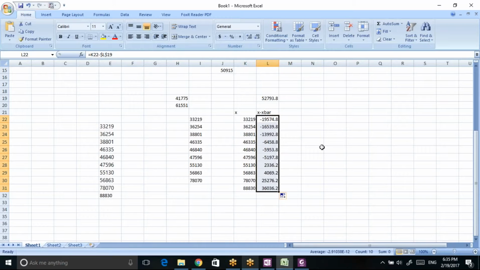When are you getting this? Sir, you put one dollar sign only, no? One will also do here, but you need to put it on the 19 value. F4 also, yeah, I have used F4 only. F4 is a shortcut for this. Just press F4. It will automatically give you the dollar signs.